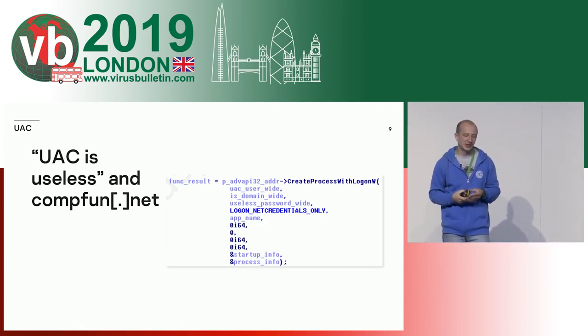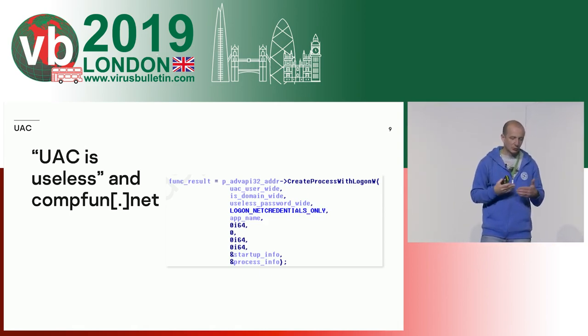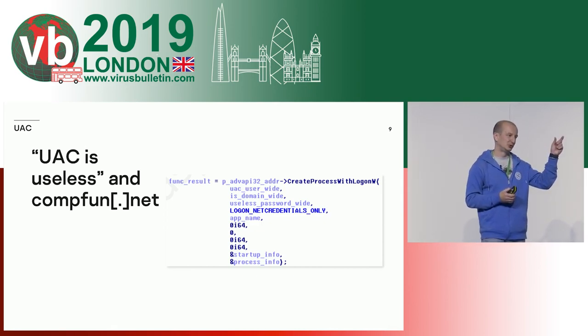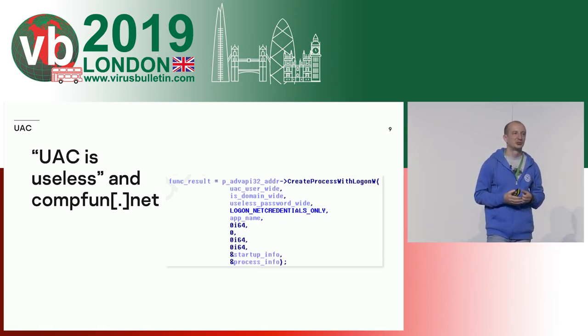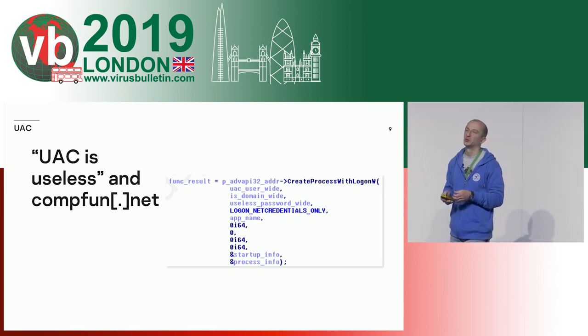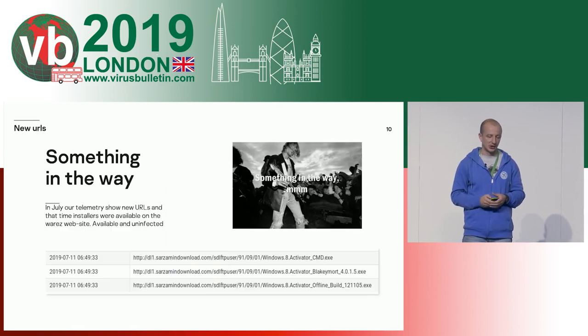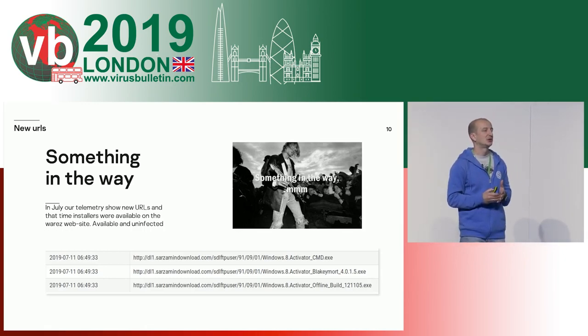And also, once they run a process as another user, they use UAC as a username, User Access Control, as a domain name, and as a password, useless. So UAC is useless in the malware as well. I like such tricks inside the malware.